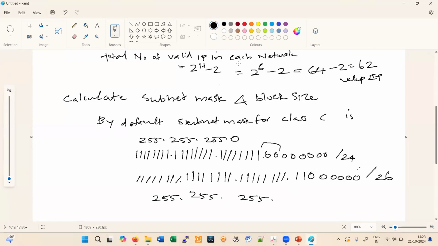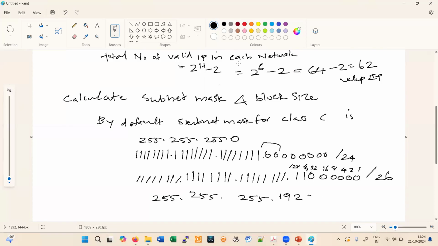See, 1, 2, 4, 8, 16, 32, 64, 128. So just add these 2 bits, 128 plus 64, it's 192.